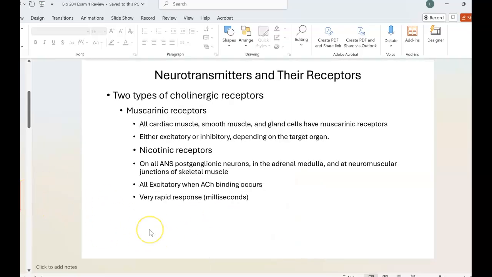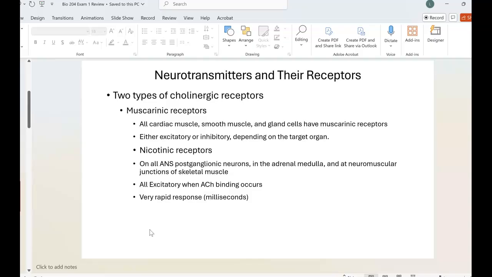So the types of receptors that these neurotransmitters are binding to can also have an effect. So if we're talking about cholinergic receptors, that means that acetylcholine is going to bind to it. So there's two types that we talk about. There's muscarinic, and we would see those with cardiac and smooth muscle. Now, depending on where these are in the body, these could be excitatory or inhibitory.